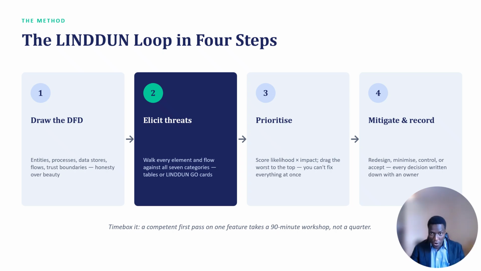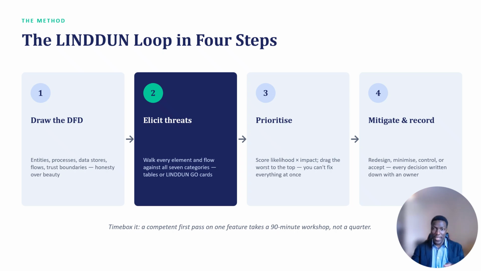Now, step 4, this is where we mitigate. It could be applying redesign changes to how features work and how data is flowing, applying concepts like minimization. It could be controls like encryption, using pseudonymization, making sure that there is no use of dark patterns, or, like I mentioned, consciously accepting that threat the way it is.